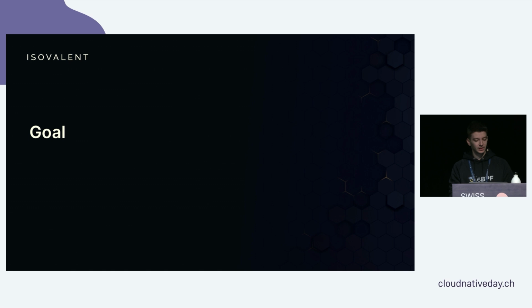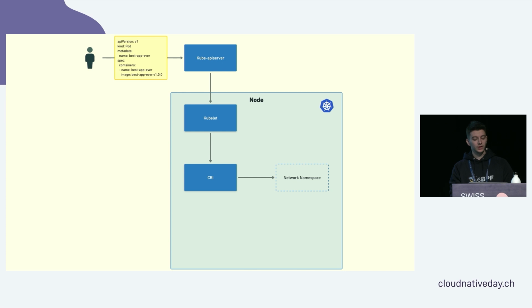So now, what about the goal? The goal for this presentation is the following. We are going to write our own implementation of a CNI from scratch, having nothing else available to us. What we're going to do exactly is that the CRI is going to provide a so-called network namespace for us. Now, in case you're not familiar with network namespaces, in essence, they are a Linux technology.